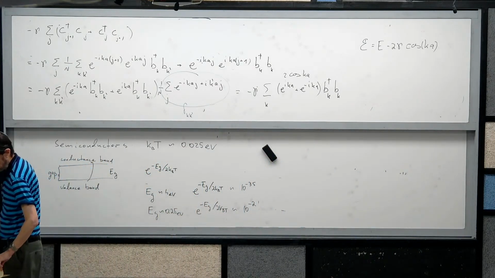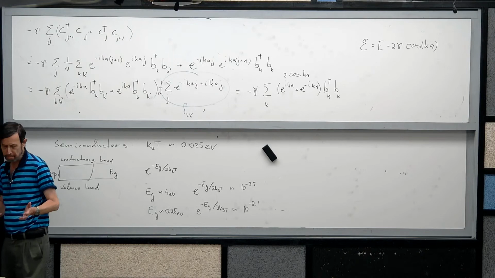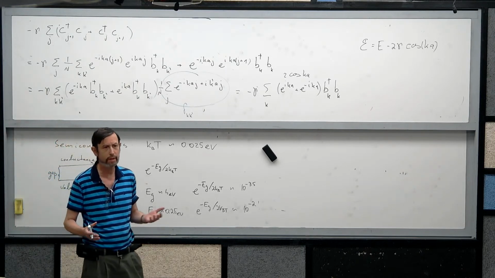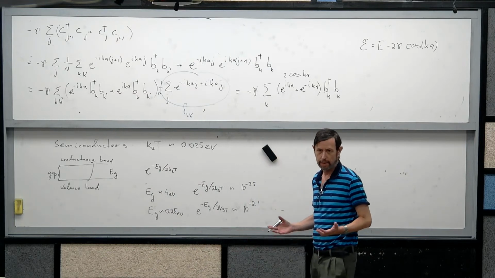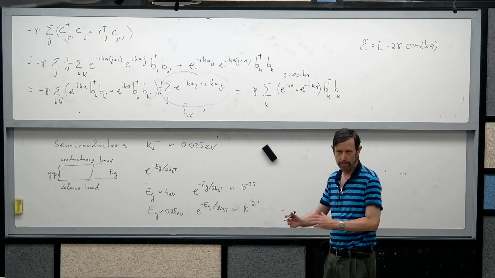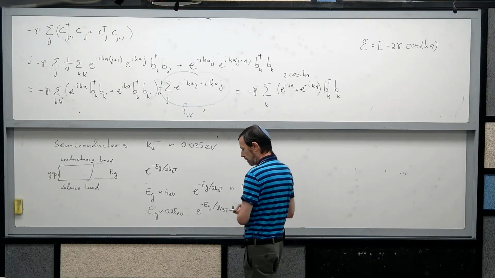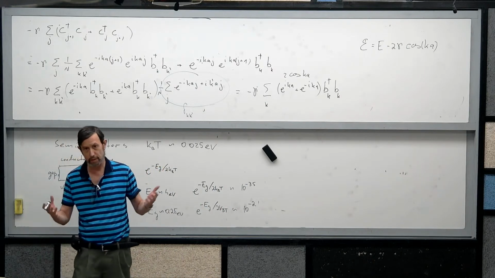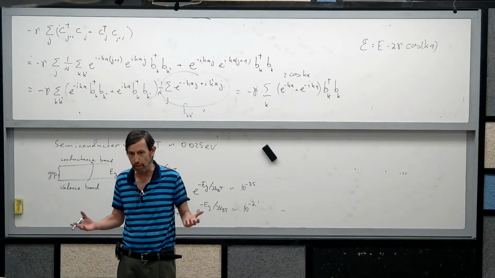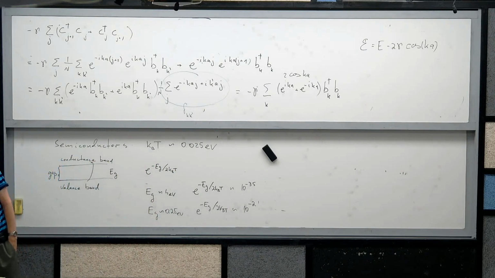So it's traditional to call any material below 2 electron volts of a gap a semiconductor, above it an insulator, although as I said, this is just a very soft definition.